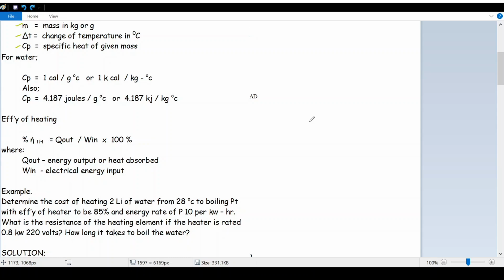For water, the specific heat is equal to 1 calorie per gram degree Celsius.